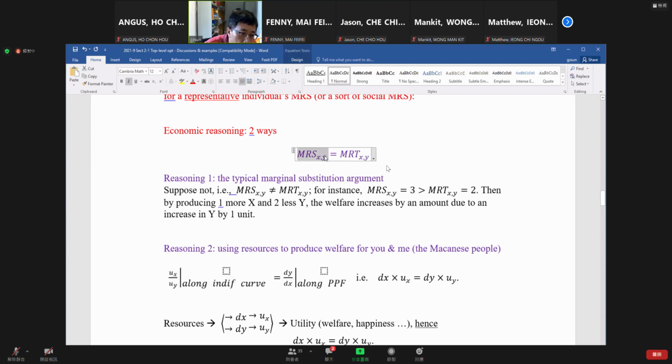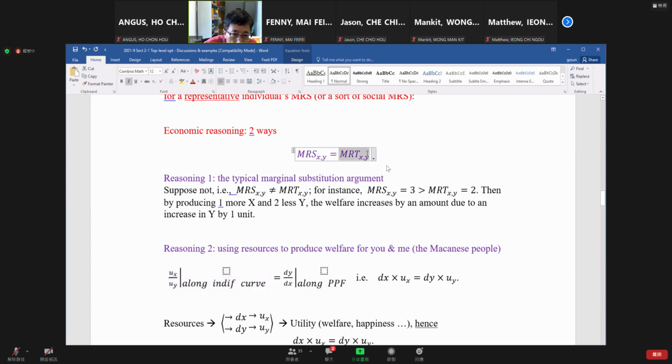This is the marginal rate of substitution, subjective for the individual consumer, marginal utility of X over marginal utility of Y. And this is how the consumer feels about the relative importance of goods X and Y.